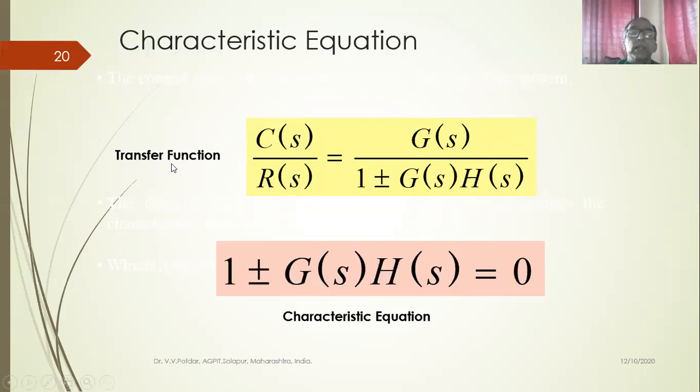So output by input is the transfer function, equal to G(s) upon 1 plus or minus G(s) into H(s).